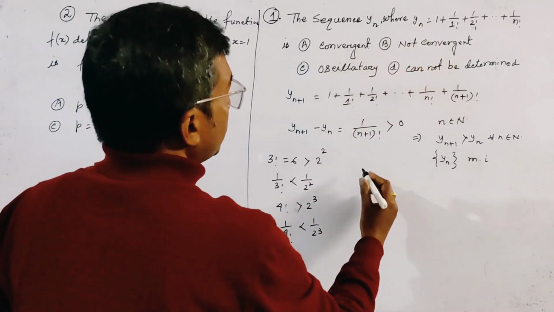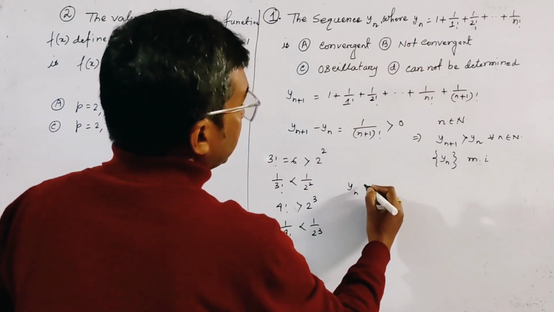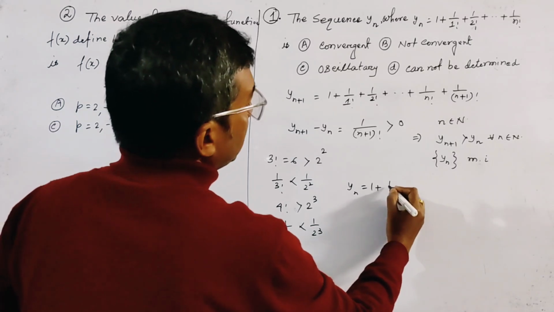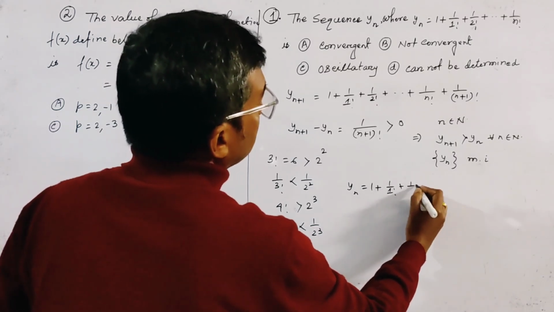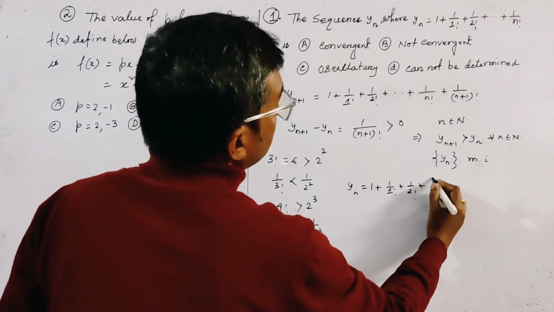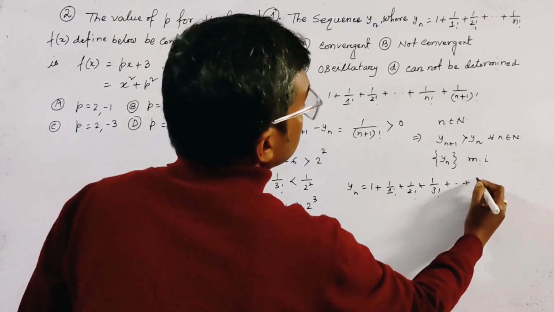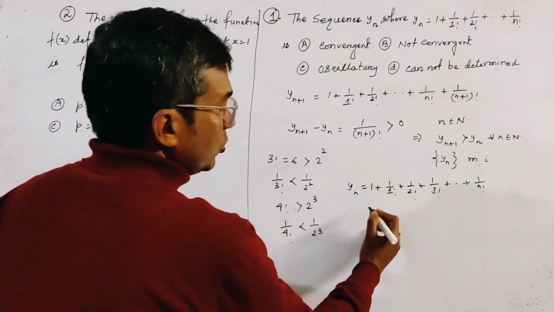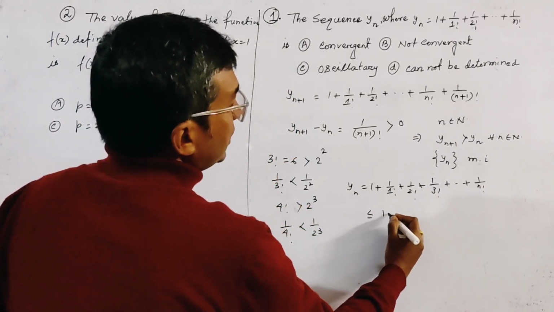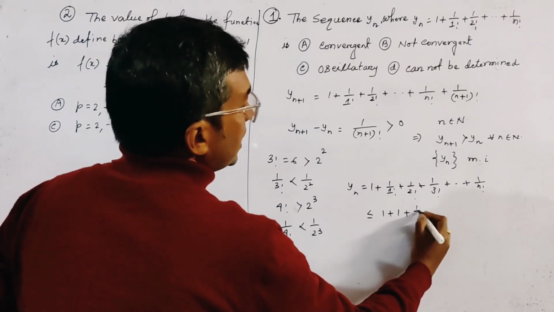So for this sequence yn, we can write that 1 plus 1 by 1 factorial plus 1 by 2 factorial plus 1 by 3 factorial up to 1 by n factorial is less than or equal to 1 plus 1 plus half.